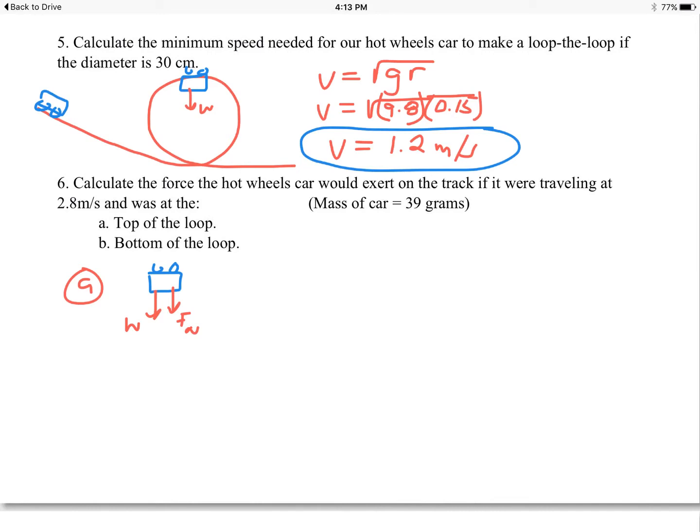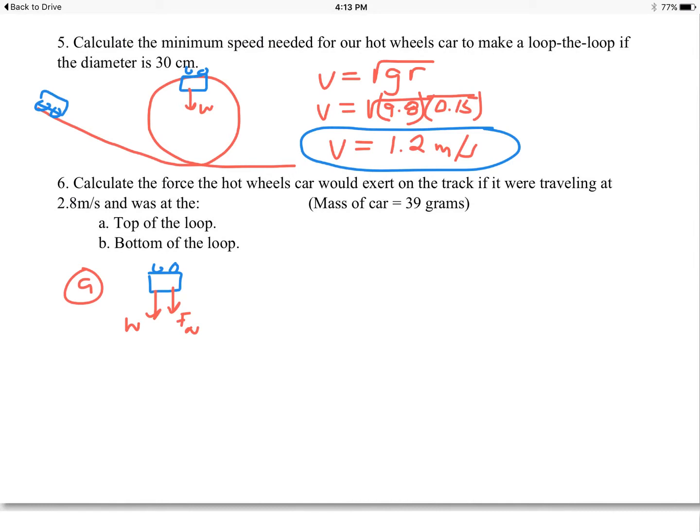F sub n could be bigger than, less than, or equal to W. We don't know. The faster it goes, the bigger F sub n is. The slower it goes, F sub n can go to 0, and that was the case we just explored in number 5 and with the theory on the previous page. But F sub n could be any size bigger with greater speed.